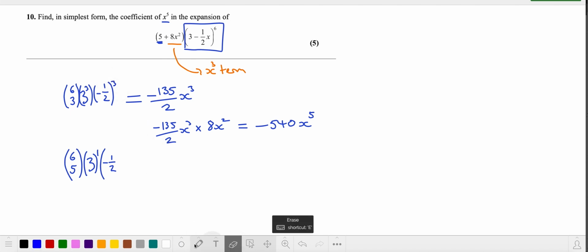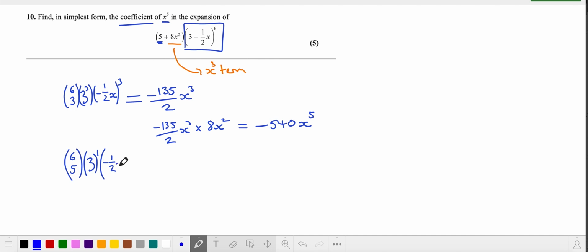I forgot to write the x. I guess because I was finding the coefficient. We don't really need the x because we only want the coefficient, but just so it's clear that this number belongs to an x cubed term and it doesn't become an x to the power 5 term until I multiply it by 8x squared, it's probably best to leave it in.